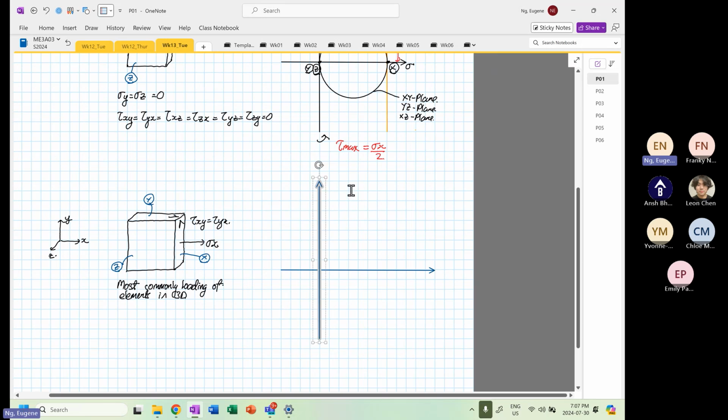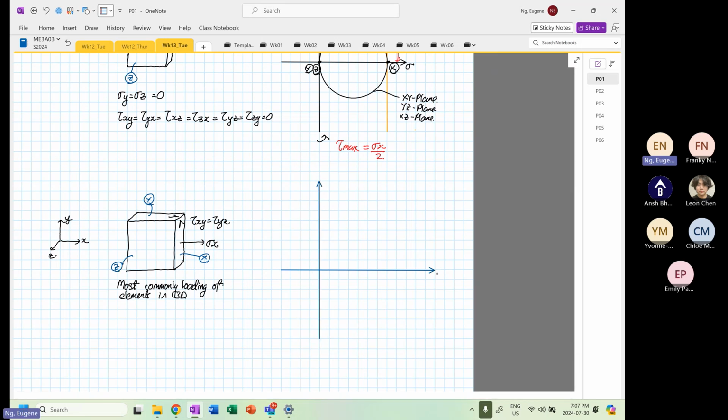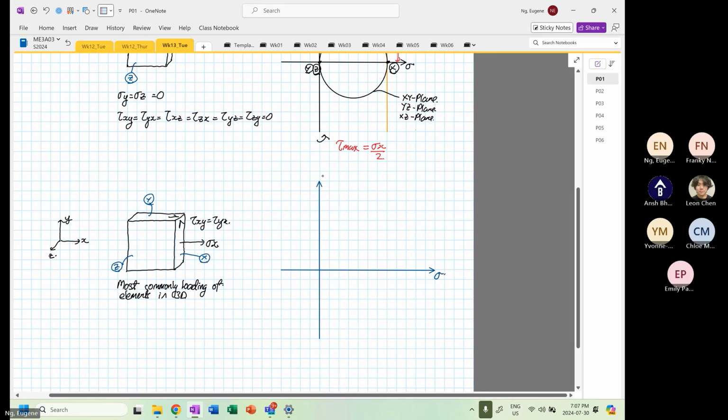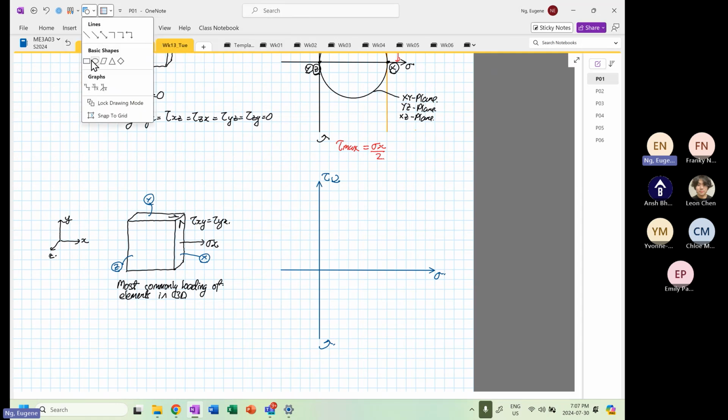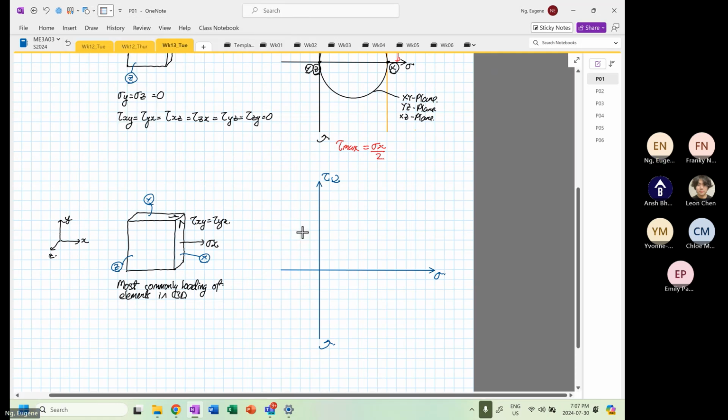Right, so this is our normal stress, shearing stress element rotate clockwise, shearing stress element rotate anti-clockwise. Then it usually looks like this. Okay, so let me draw the first circle first, the biggest circle first.